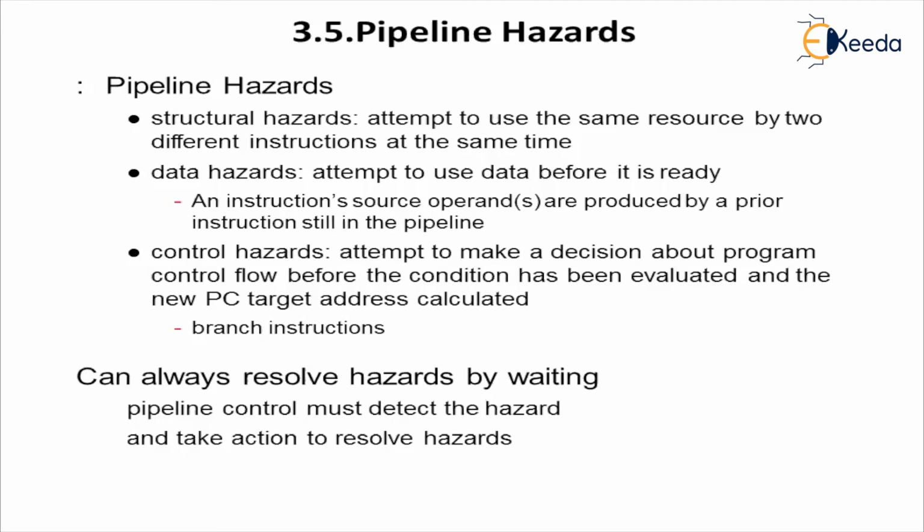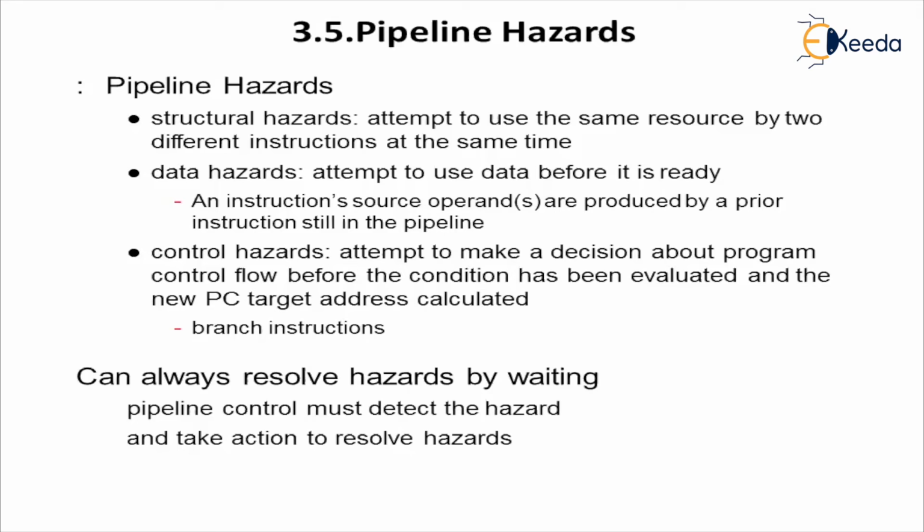You will be executing the instruction, but the instructions won't be the same. So these are the sorts of hazards that take place in the case of control hazards. The example can be branch instructions.